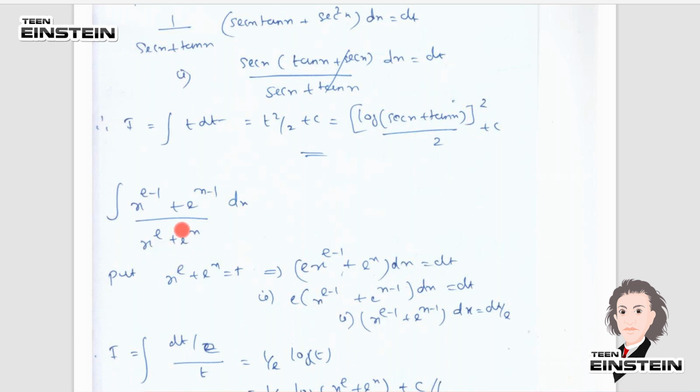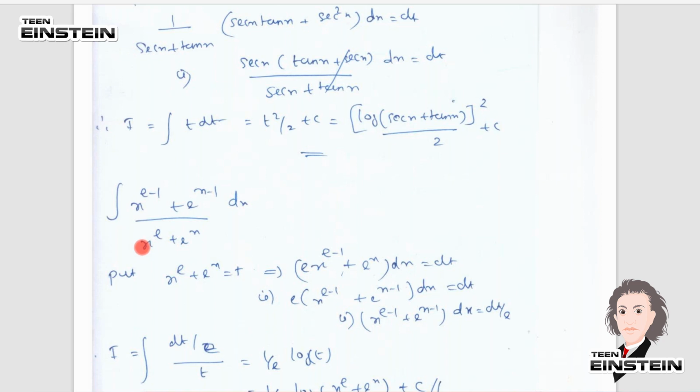What's the derivative of x to the power e? Here e is a constant, x is a variable, like x square. What is the differentiation of x square? It is 2x. So what is the differentiation of x power e?